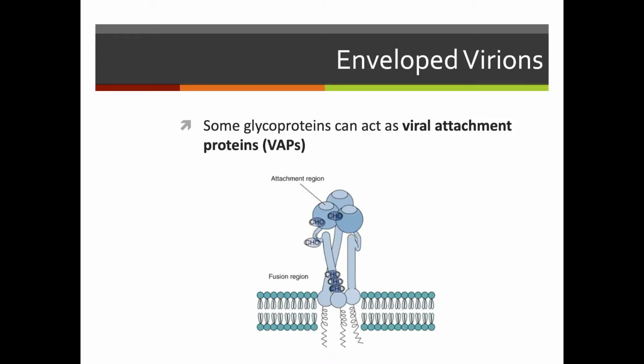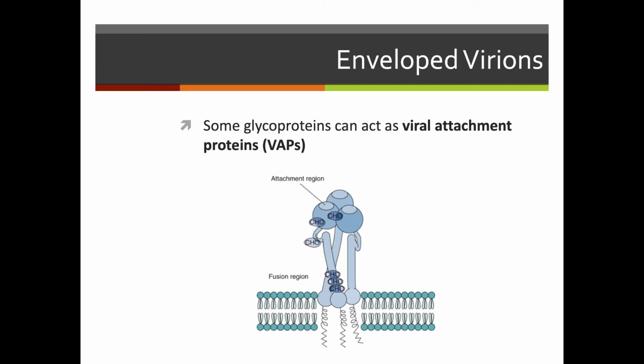When we have a virus that is enveloped, I told you that there are some glycoproteins that are going to be embedded in the surface, and those can serve as what we call viral attachment proteins. Remember, when we were talking about bacteria, I told you a really important virulence factor for bacteria is some sort of adhesion protein.